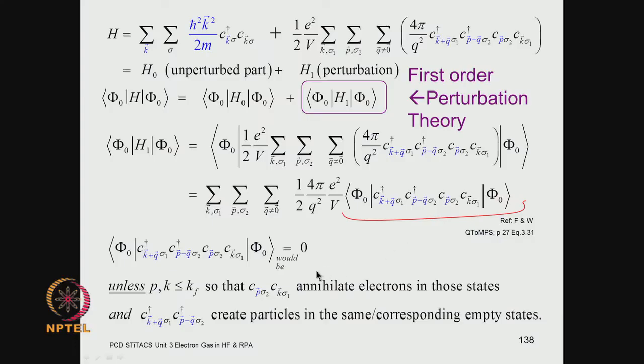These are Fermi-Dirac particles. So, that is all there is to it. So, this would be 0 unless p and k are below the Fermi level, and these two creation operators create particles in the very same empty states after the holes have been created, after the particles have been destroyed.